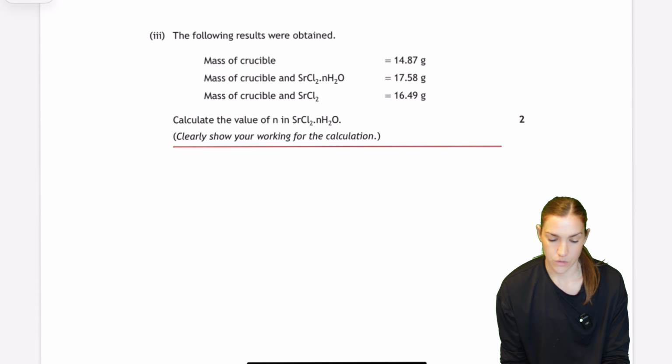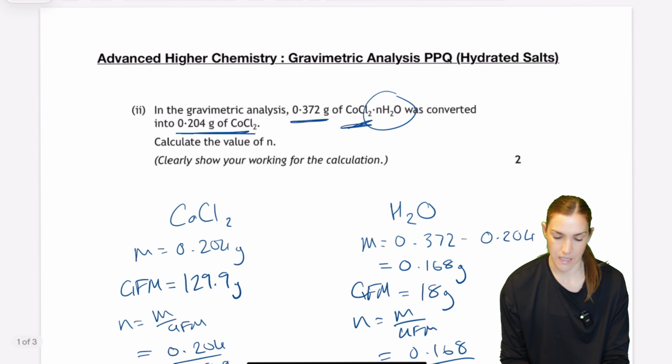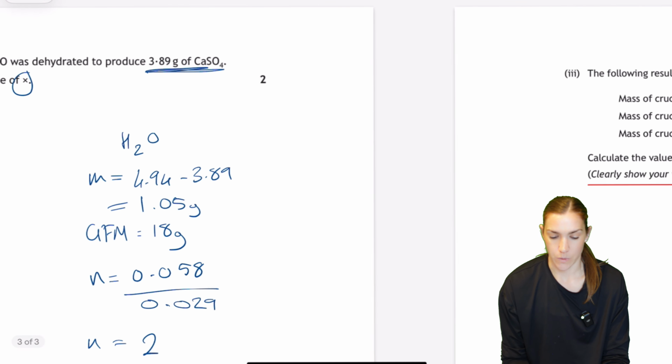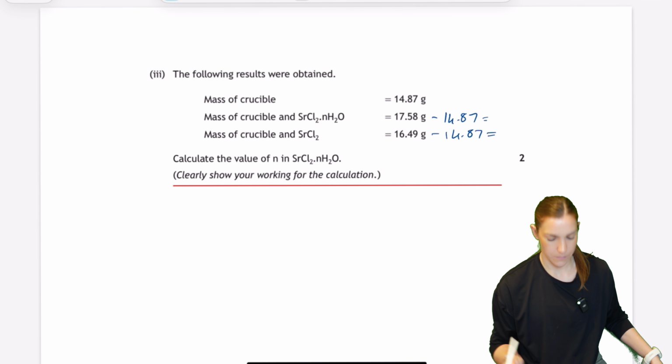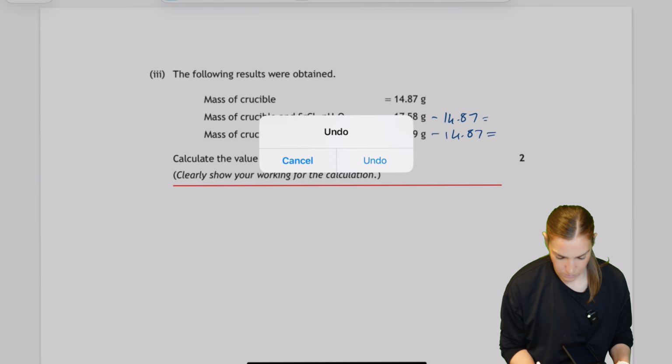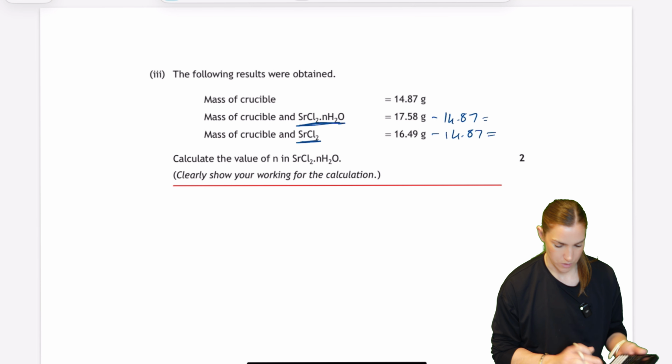So what we need to do is work out the mass of the dehydrated salt and the mass of the hydrated salt. All of the questions we've done so far gave us those numbers, but we're having to work them out first of all. So it's not difficult to do. All we have to do is take the mass of the empty crucible away from both of those. And that will give us the mass of our hydrated salt, which is this one, and then the mass of the dehydrated salt, which is that one.